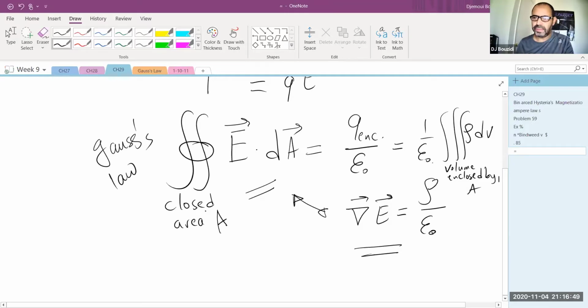Then you use a theorem in calculus that takes this double integral and brings it to a triple integral, and since this is true all the time, then the integrands must be equal, and this will involve the divergence, and that's how you prove this theorem. So that's basically the first law that we discovered. Again, that gives me, if you wish, the electric field in that situation.